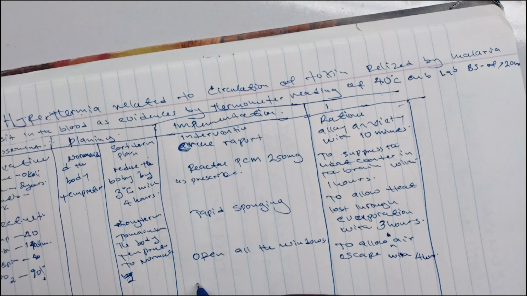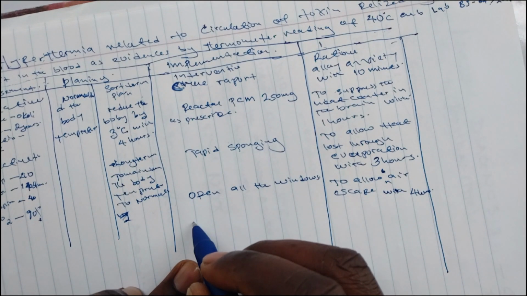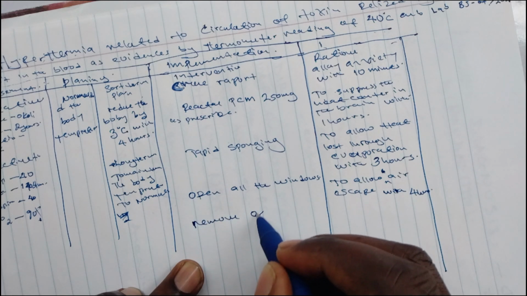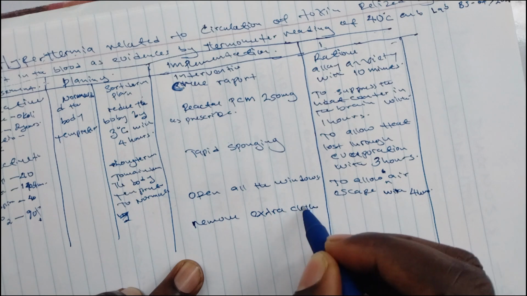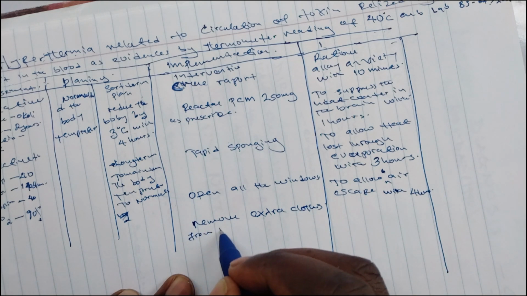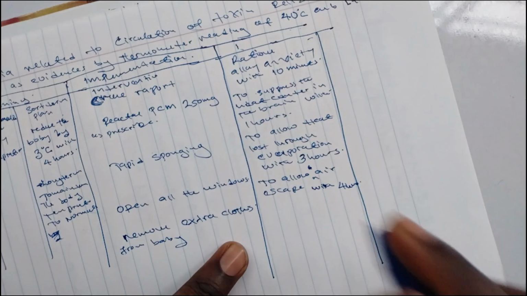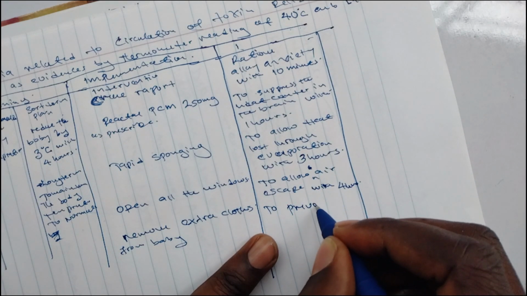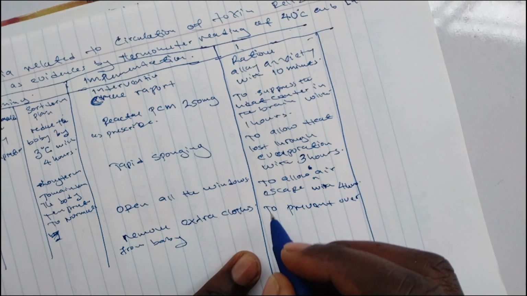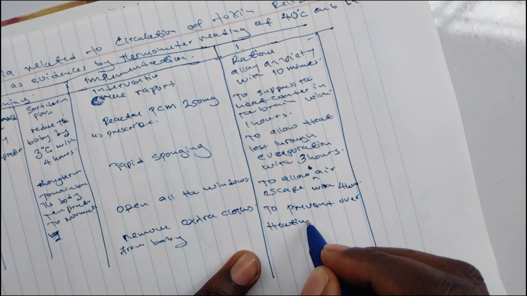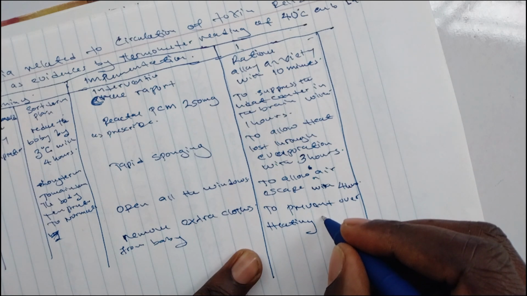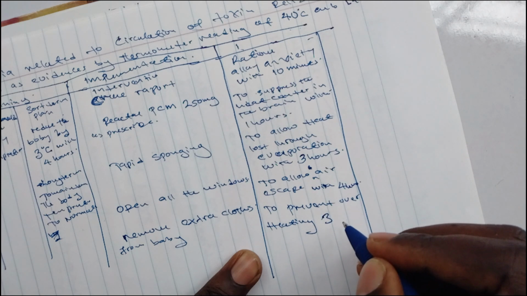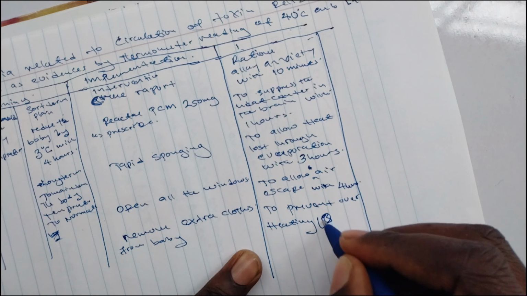What we are going to do again is remove extra clothes from the baby. This one is to prevent overheating the baby. Removing clothes can take only 10 minutes.